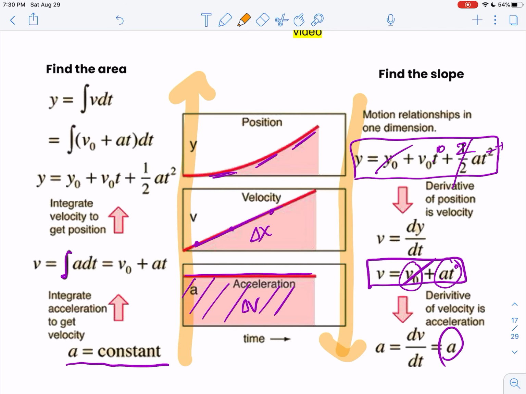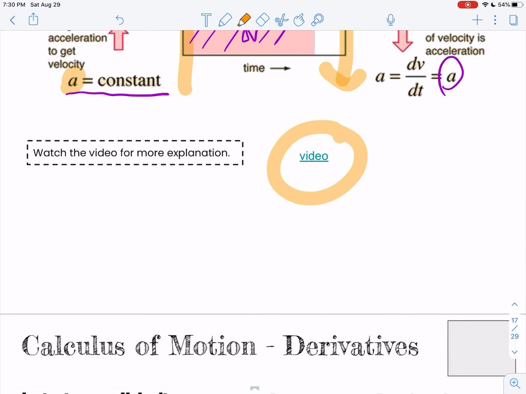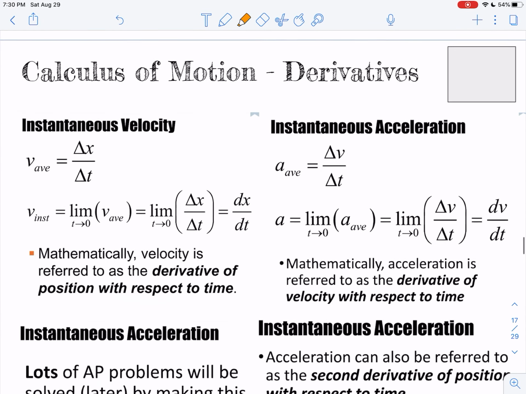I usually think about it, because I can't really quite remember that much, if I was going to take the derivative, what would that look like? So here this a becomes at, and then you always have to add a constant. This gets a t, and then you add a constant. That's all that you need to know about that. And this is a little bit better video that has a little more information if you want.